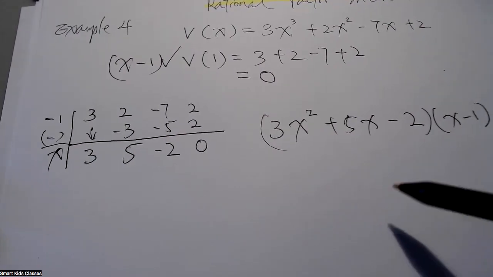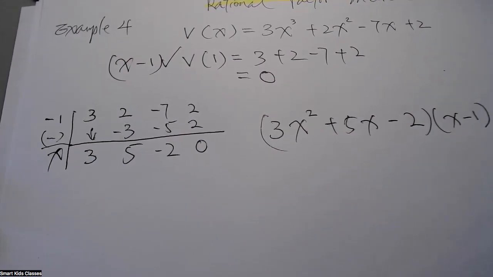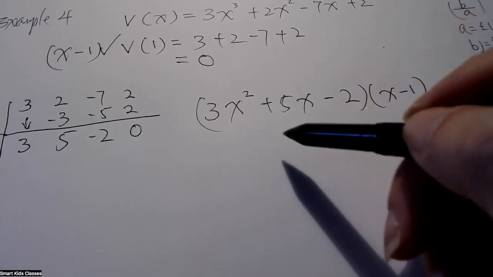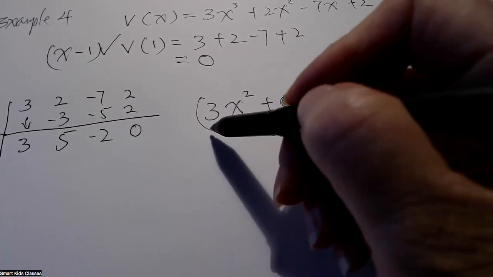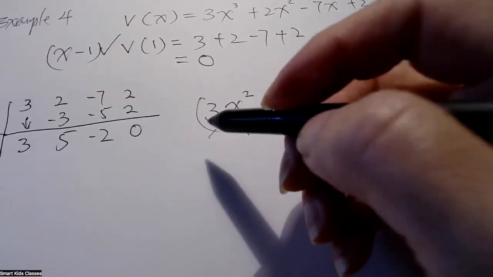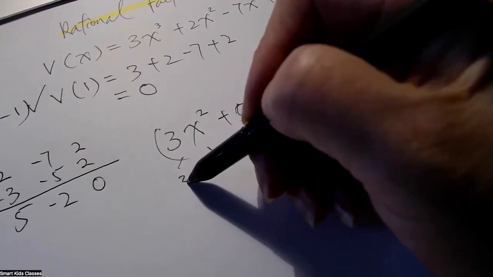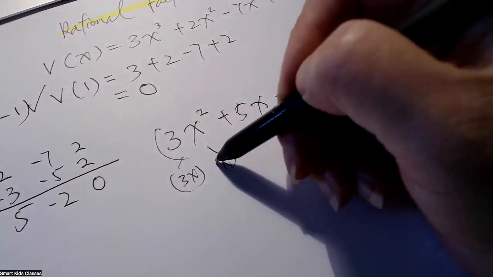So now for the quadratic, we're going to find a factor. Now we can find the combination for this quadratic. Now let's find 3x squared. So I put the camera like that. So it's equal to 3x times x.